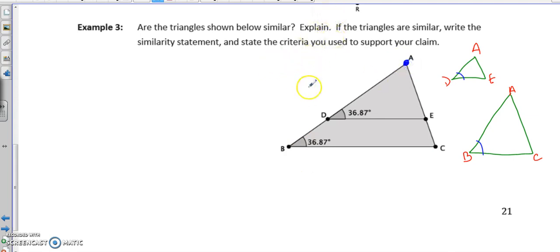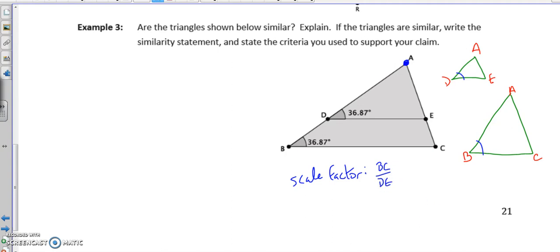And here's another good opportunity. If I were to ask you for the scale factor here, we don't know the lengths of the sides. But if these triangles were similar, remember how we did this in class? We looked at naming the scale factor just with the sides themselves. So the scale factor, if I was to go from the small triangle to the big one, one of the scale factors I could use would be BC over DE.